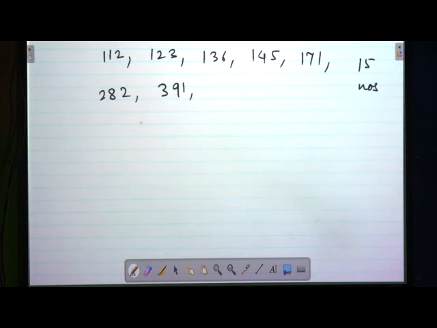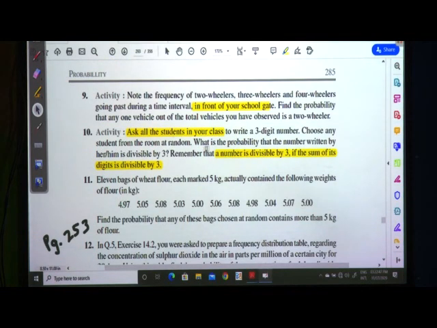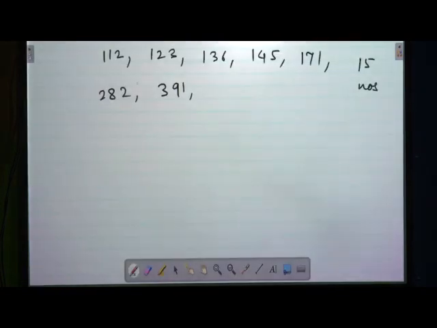Now what is the main thing? The event here is: what is the probability that the number written by him or her is divisible by 3? The main thing is how many numbers are divisible by 3.